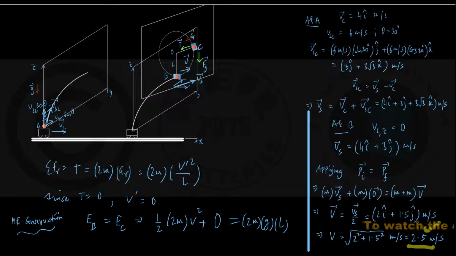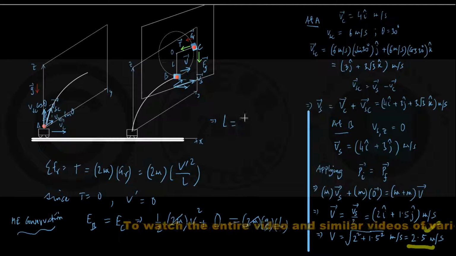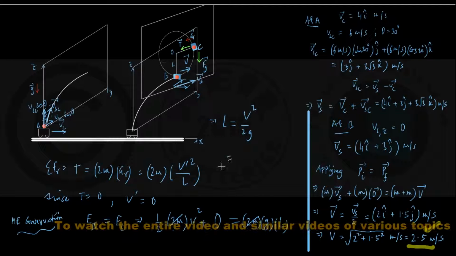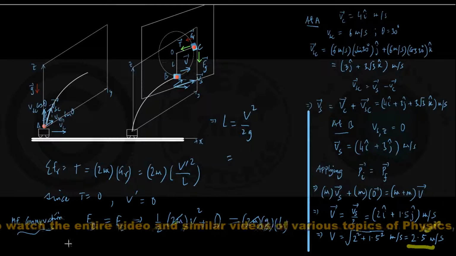So comparing these two sides, we can see mass of this combined body is cancelling out, and we get from here, allow me to write somewhere here, I get the value of L is coming out to be V square divided by 2G. The value of V was already found to be 2.5 meter per second.